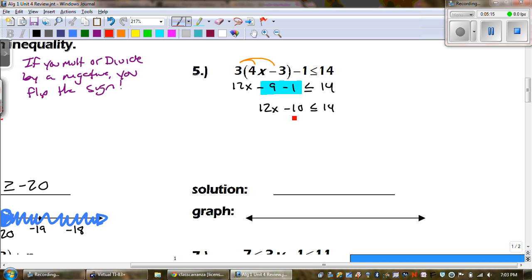Like, pause the video, be done in 5 seconds. You should not have to listen to me right now to know what to do. You add the 10 to both sides. And to get the x by itself, we have to divide by 12. And we get x is less than or equal to 2.